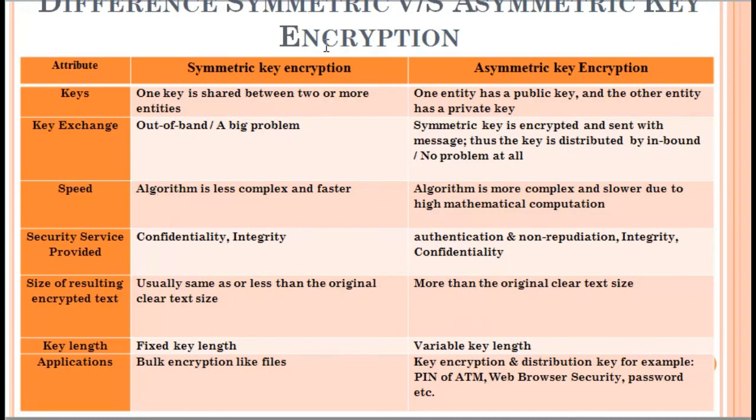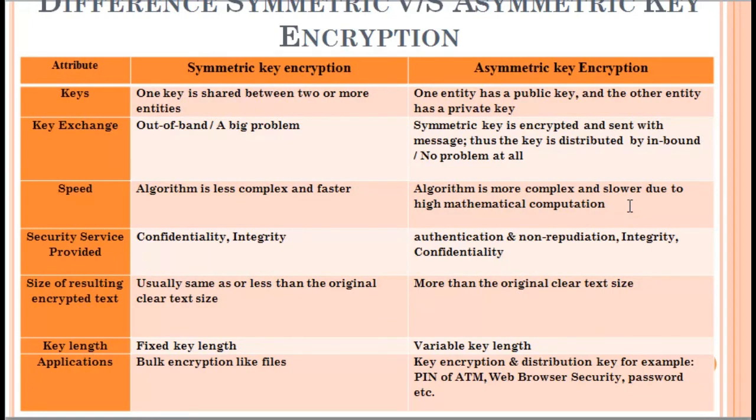Speed: symmetric key encryption is faster as compared to asymmetric, because less complex mathematical formulas are applied, but in asymmetric key algorithms more complex formulas are applied, so it has less speed.